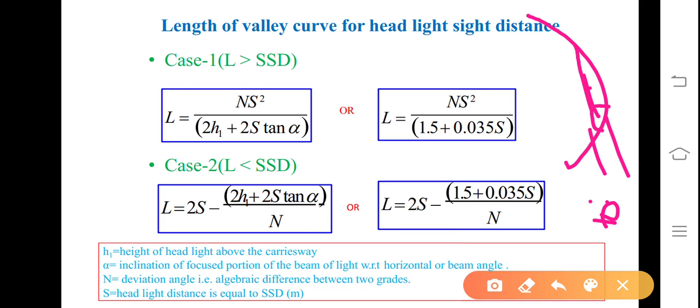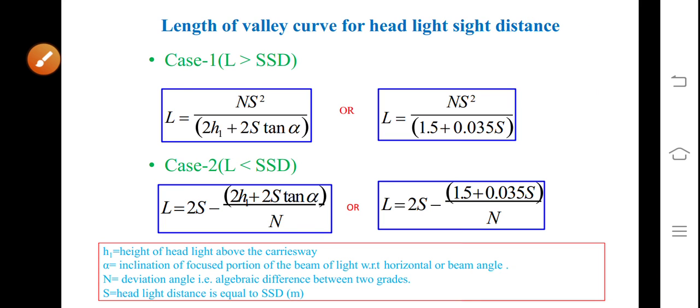This is the average height of the headlight. You cannot consider auto rickshaw, bus, truck, scooter separately. On an average basis, 0.75 meter is considered as the height of the headlight above the pavement, not the eyes of the driver. And alpha is the angle of beam of light, considered as an average value of 1 degree.